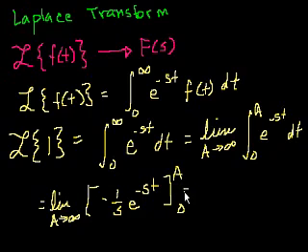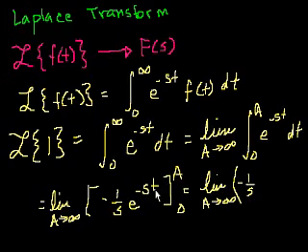So this is equal to the limit as a approaches infinity of, okay, if we substitute a in here first, we get minus 1 over s. Remember, we're dealing with t. We took the integral with respect to t. e to the minus s a, right?